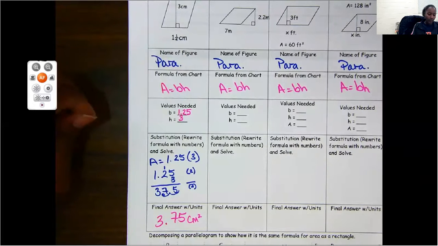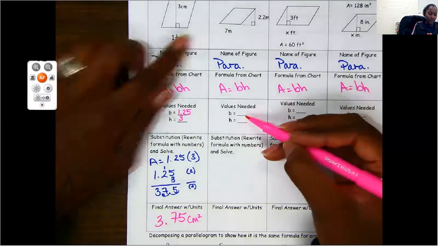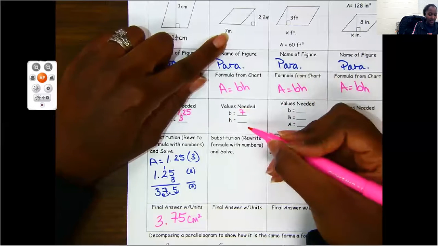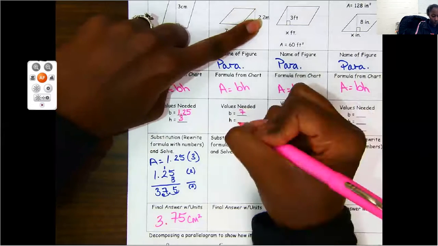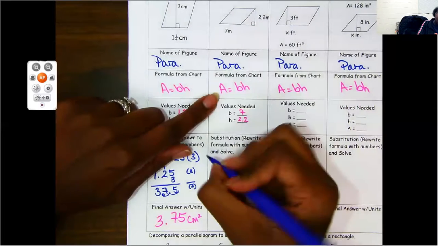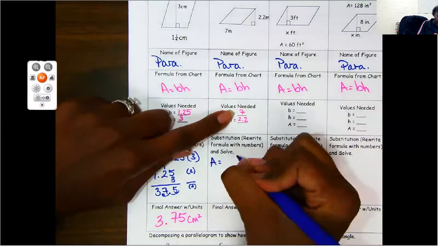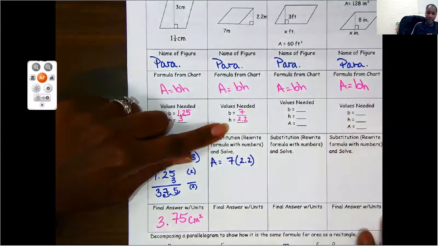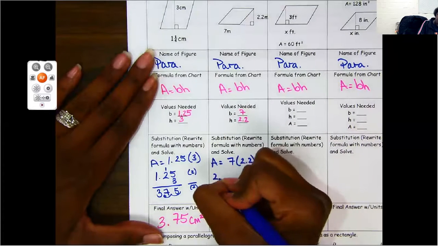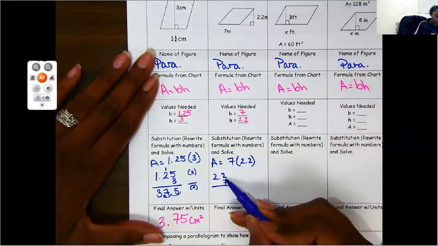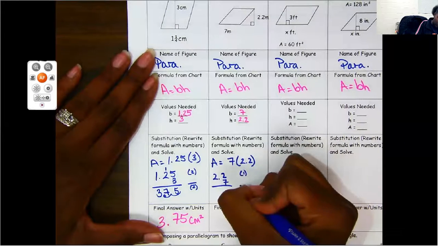All right, let's look at the next one. My base is 7. My height is 2.2. Okay. I'm going to write this in. Area equals base times height. Okay. I'm going to put the one with the most digits on the top. I have 1 number after the decimal.